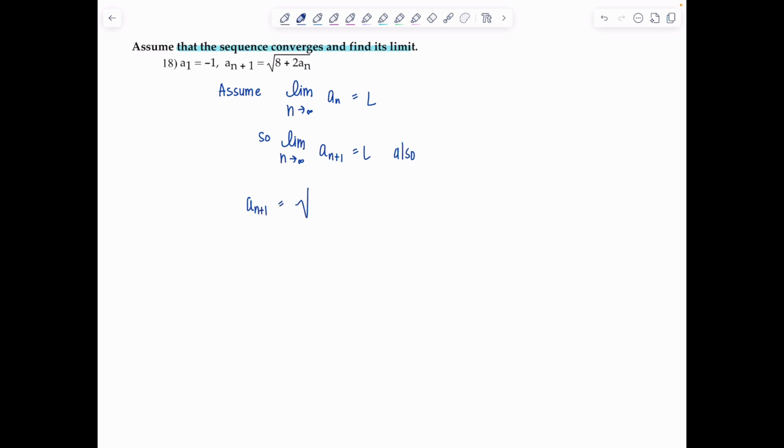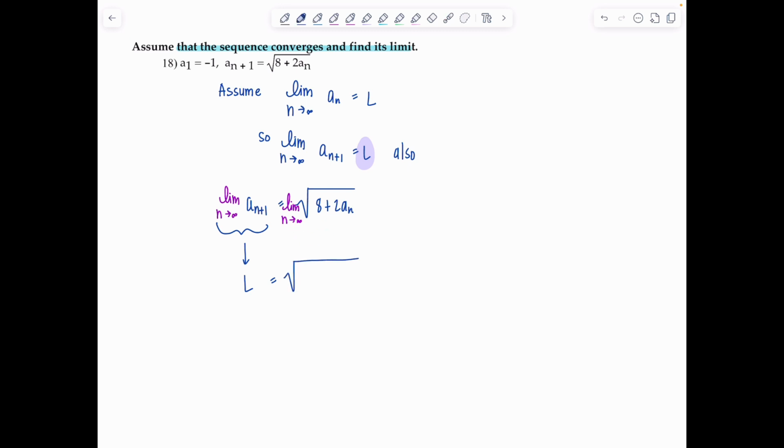So a sub n plus 1 is the square root of 8 plus 2an, right? I'm going to take the limit as n approaches infinity of both sides. Don't freak out. You got this. This is fun. So the limit as n approaches infinity of a sub n plus 1, that's L. The limit of the square root of 8 plus 2an, just pass the limit through.